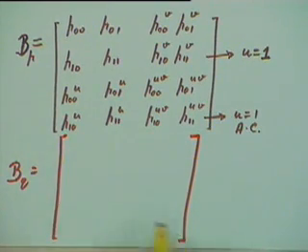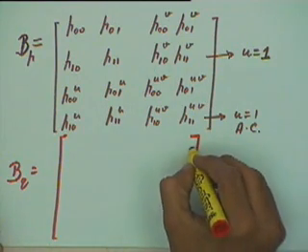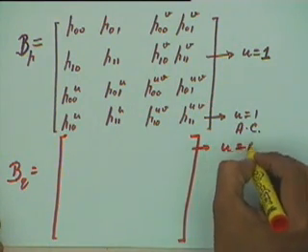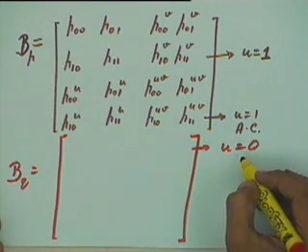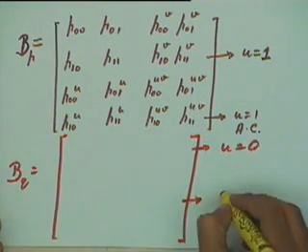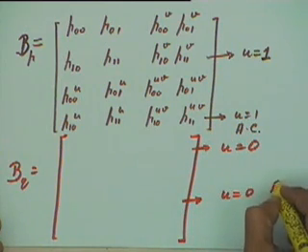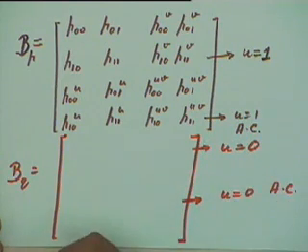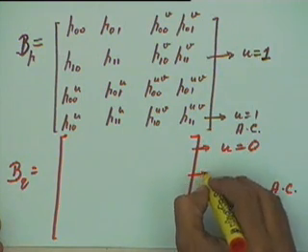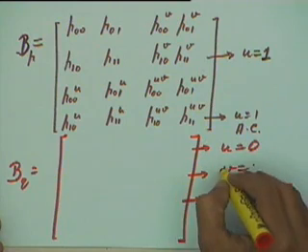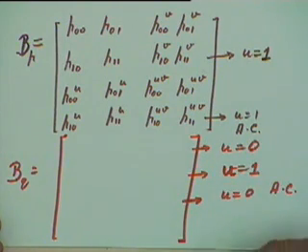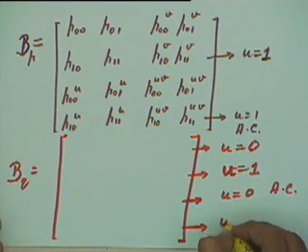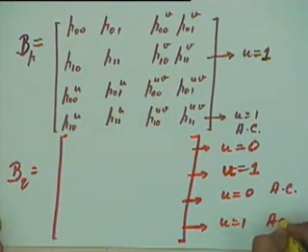Again, this is a 4 by 4 matrix, and the first row is the u equal to 0 curve, and the third row will be the u equal to 0 auxiliary curve. The second row will be u equal to 1, and the fourth row will be the u equal to 1 auxiliary curve.